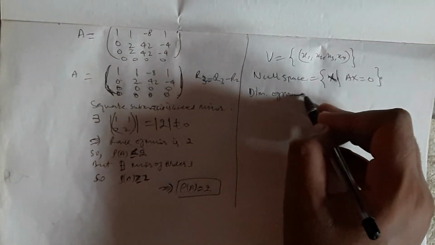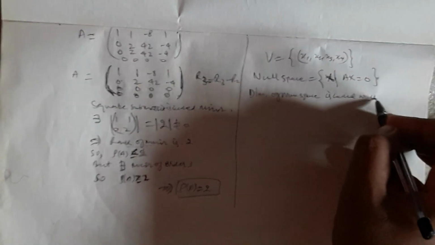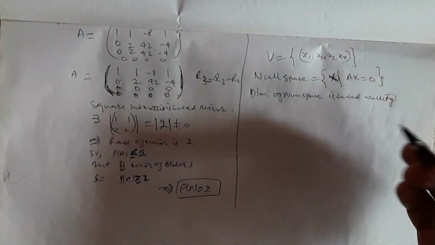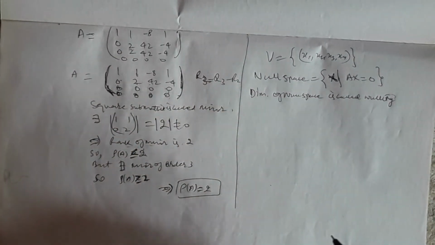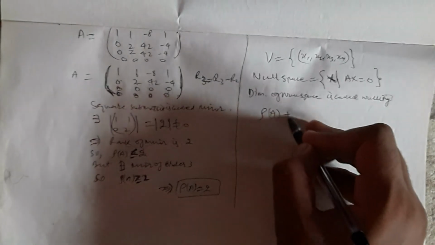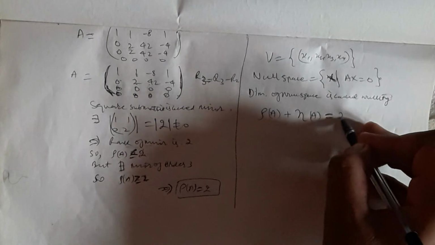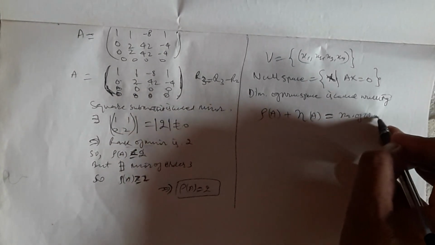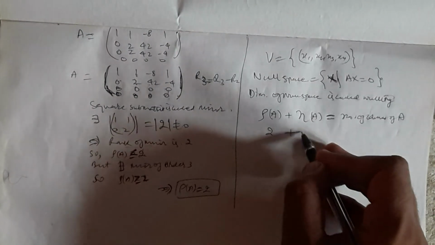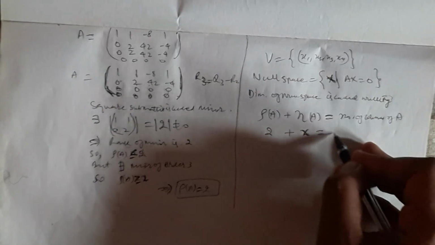So apply the rank nullity theorem, which says that the sum of the rank and the nullity of the matrix is the number of columns of that matrix. Here the rank is 2, the nullity I don't know, let me call it x, and the columns are 4.